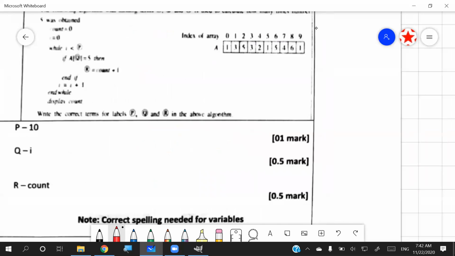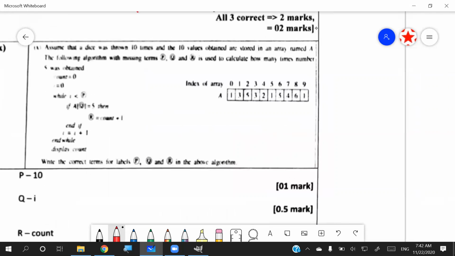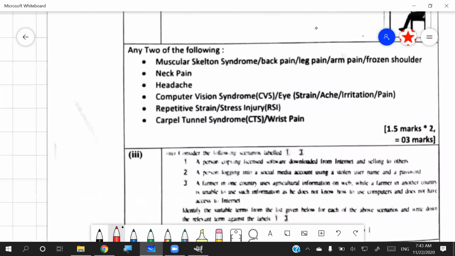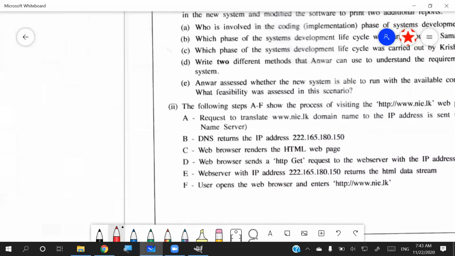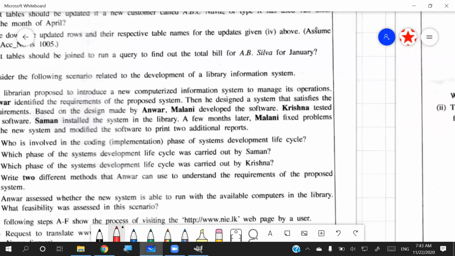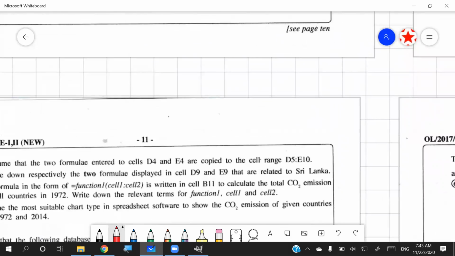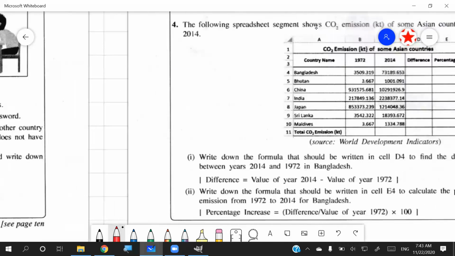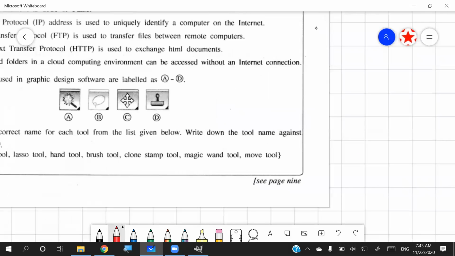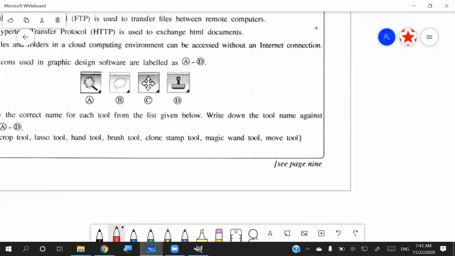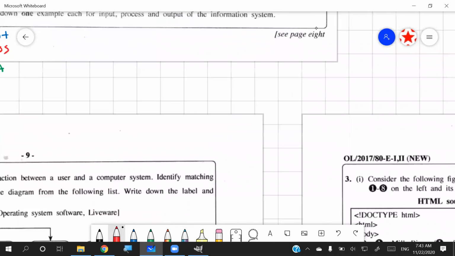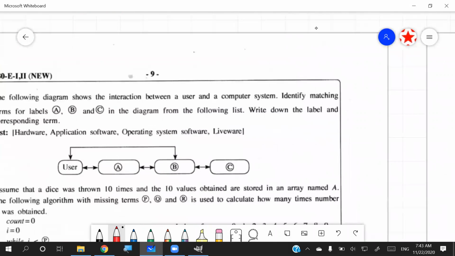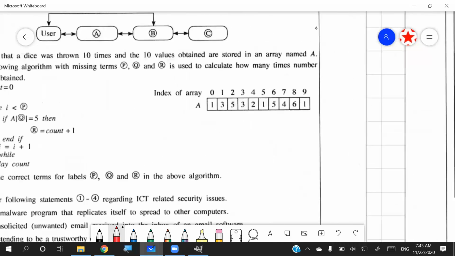Right, moving forward, the 10th one. Yeah, it is regarding arrays. It's better I take the question. This is not very clear. Yeah, here comes the question.